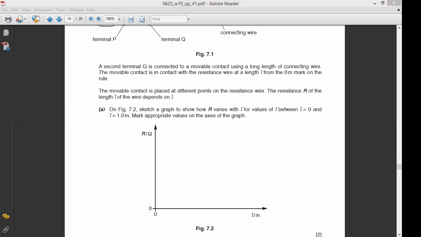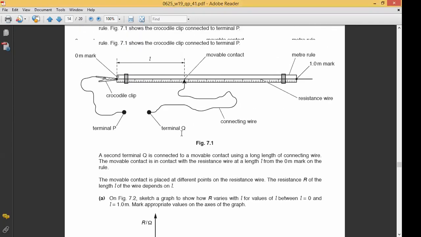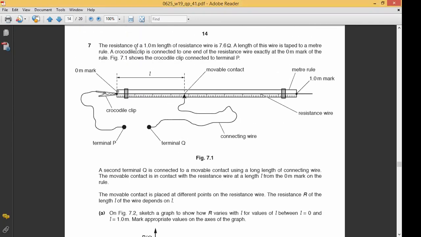The relationship between resistance and length is something that we need to look at. It's asked us to consider the resistance of a wire of 1 meter length.